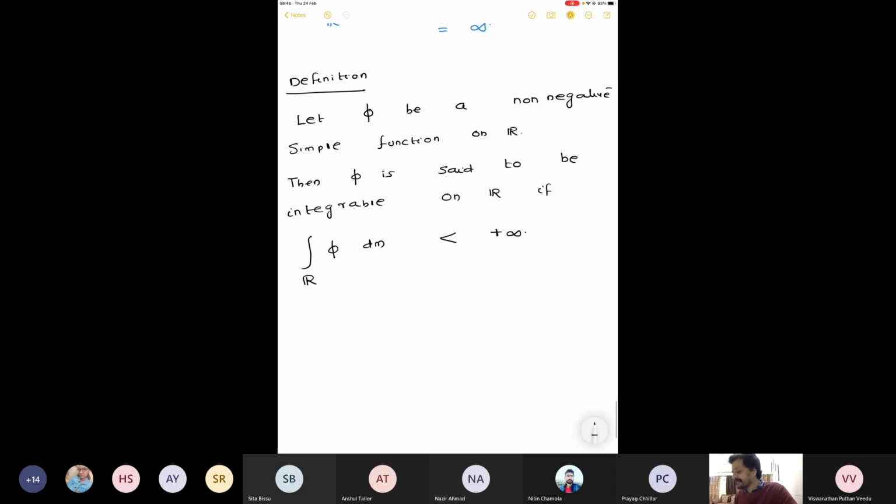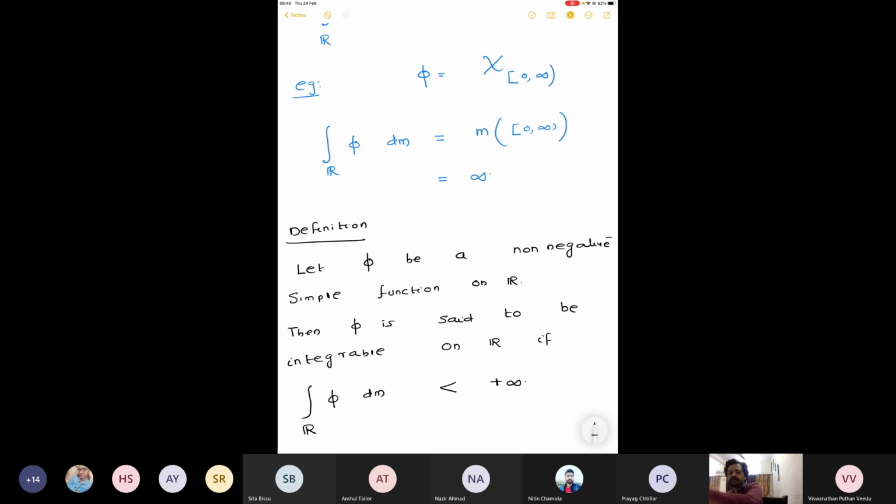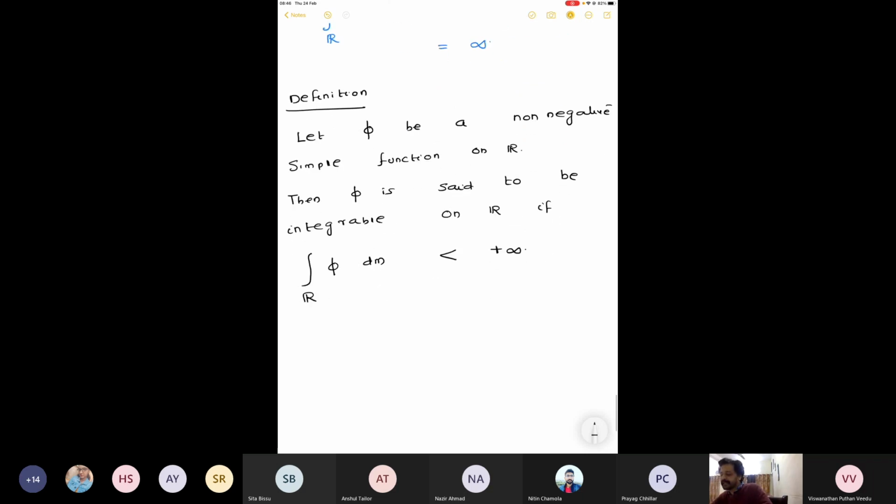The value can be infinity for some functions. We call those functions whose integral is finite integrable. Now we are only in the domain of simple functions. Our collection is restricted to simple functions.